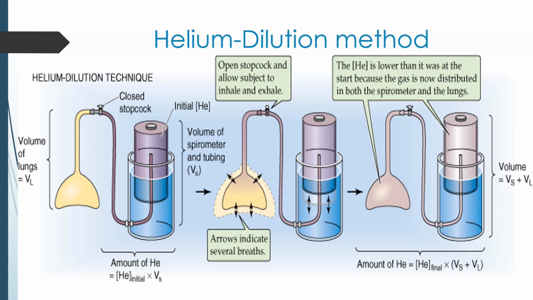The residual volume can be calculated from the observed functional residual capacity. Residual volume is equal to functional residual capacity minus the expiratory reserve volume. By this we can calculate the functional residual capacity.